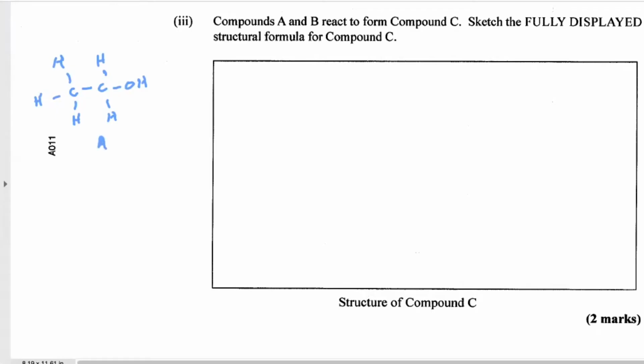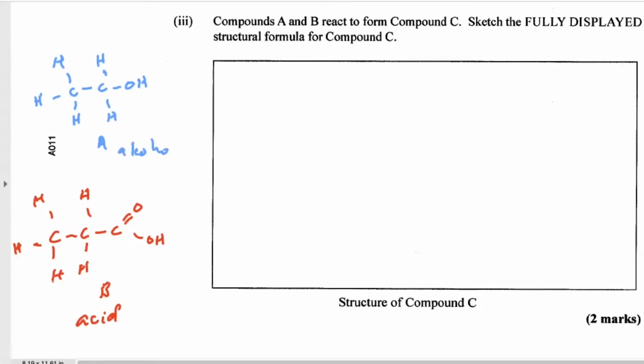Then we have compound B. So this is compound B, and both of them are going to react now to give us compound C. B, we said, is a carboxylic acid, and A is an alcohol.